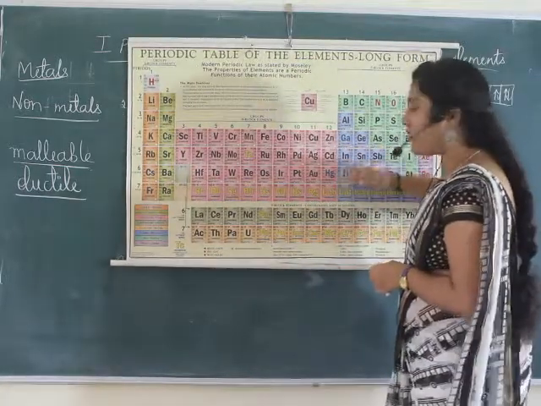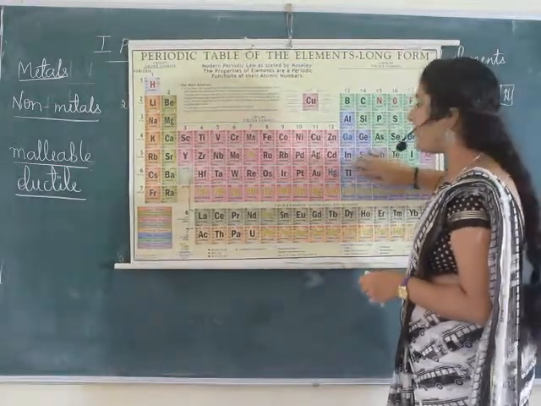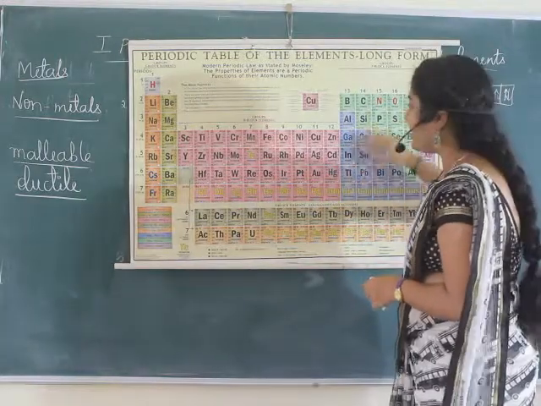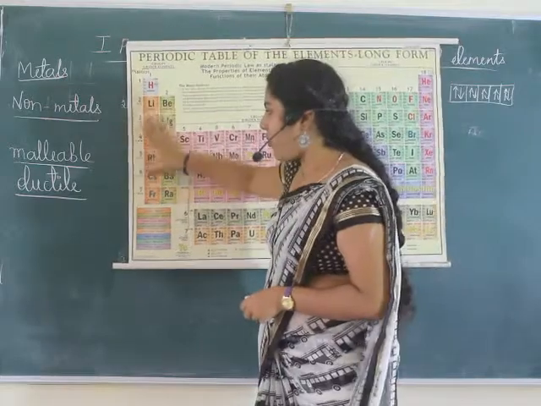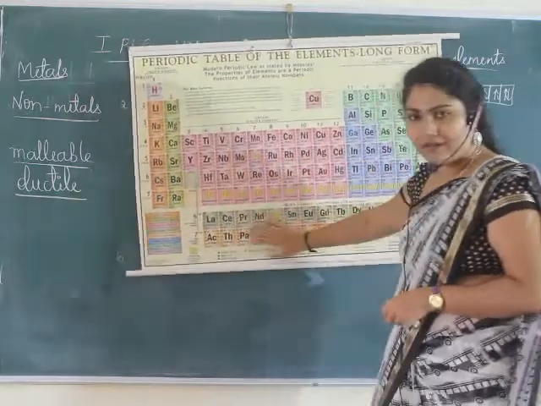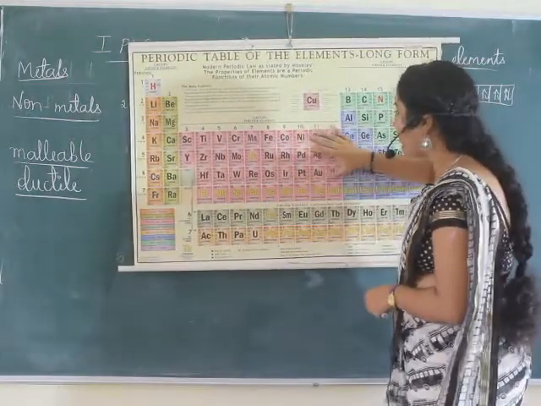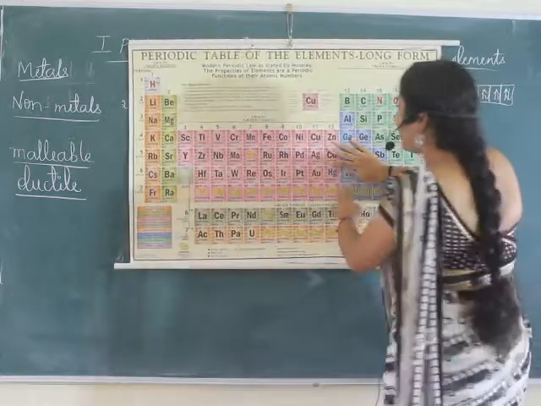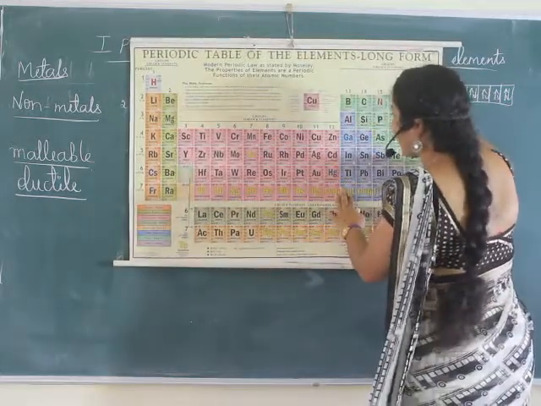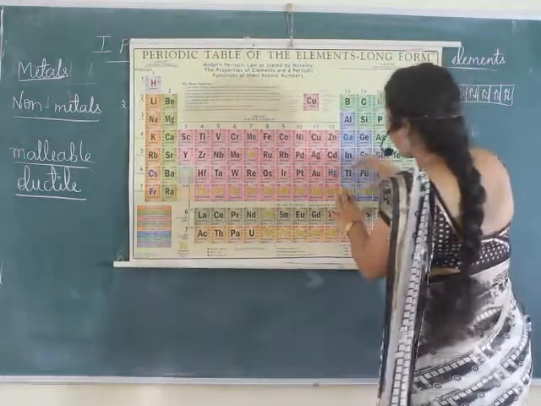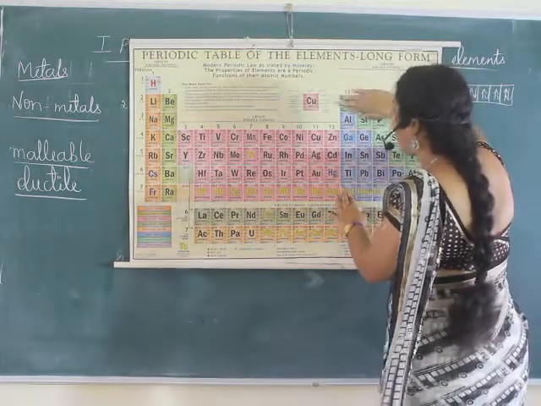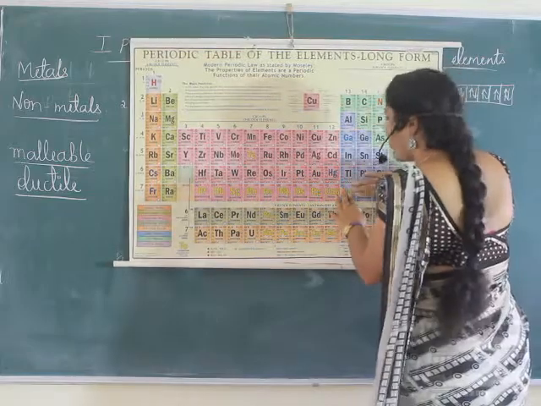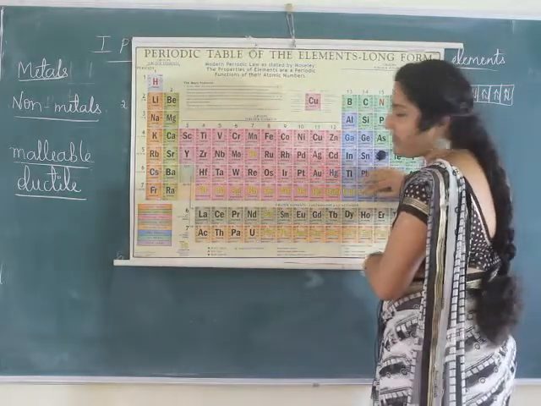As you move down, you see most of the metals. Left hand side are all metals, even F block also. As you move to the right hand side, above are non-metallic nature and down are metals.